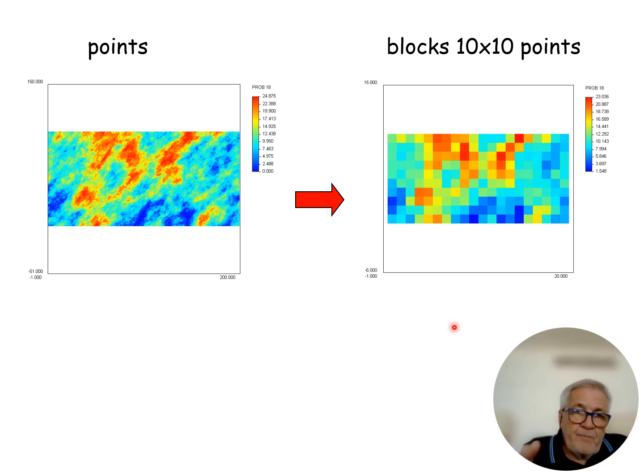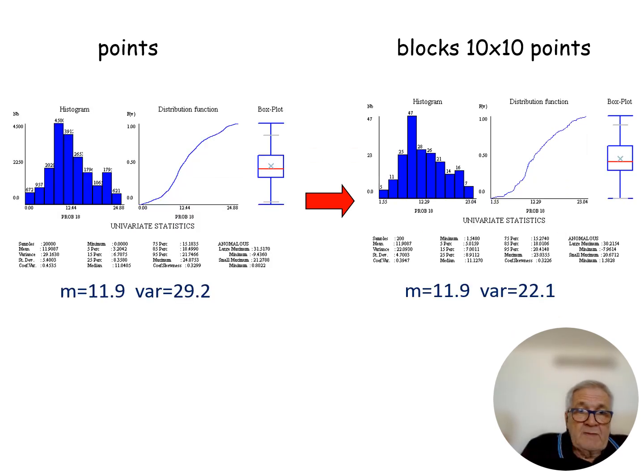Just take the real point grades and calculate blocks of 10 by 10 points, and this is what results from this image. And we can compare the statistics. The mean of the point image is 11.9, and the block is the same.